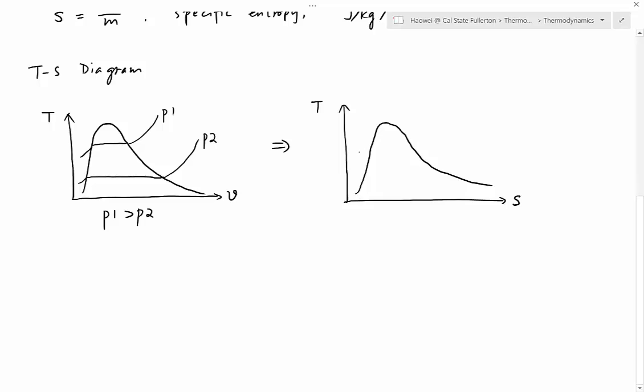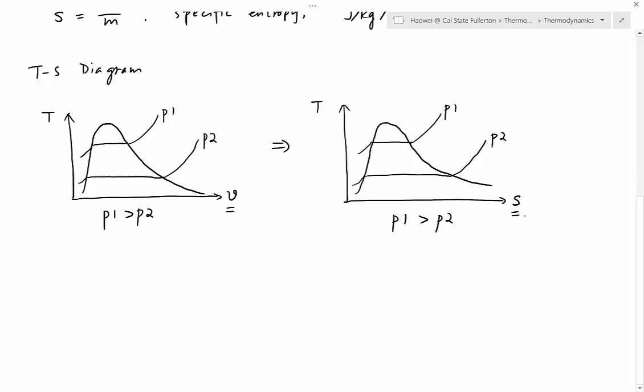You still have constant pressure lines, which look the same as before. They curve up, go straight, and curve up. The top one is P1, the bottom one is P2, and P1 is greater than P2. Same as before, the higher this line is, the higher the pressure it represents. So you can see there's almost no difference. The only difference is we change the x coordinate from specific volume nu to specific entropy lowercase s.